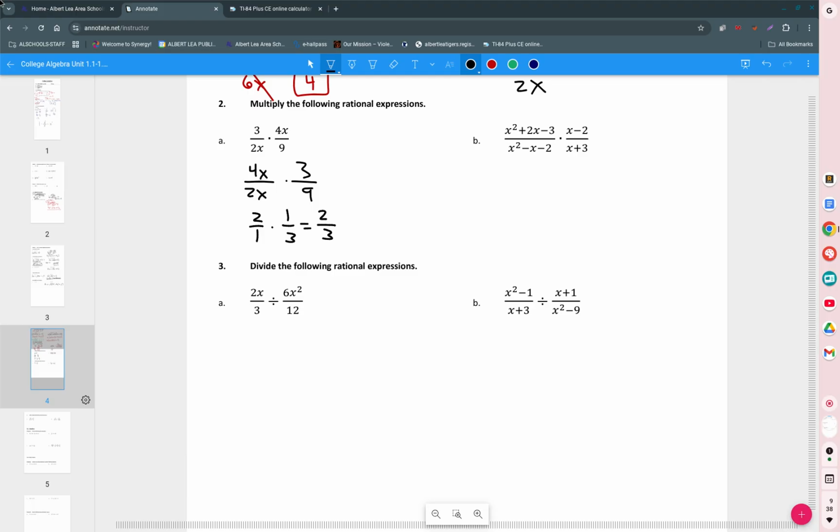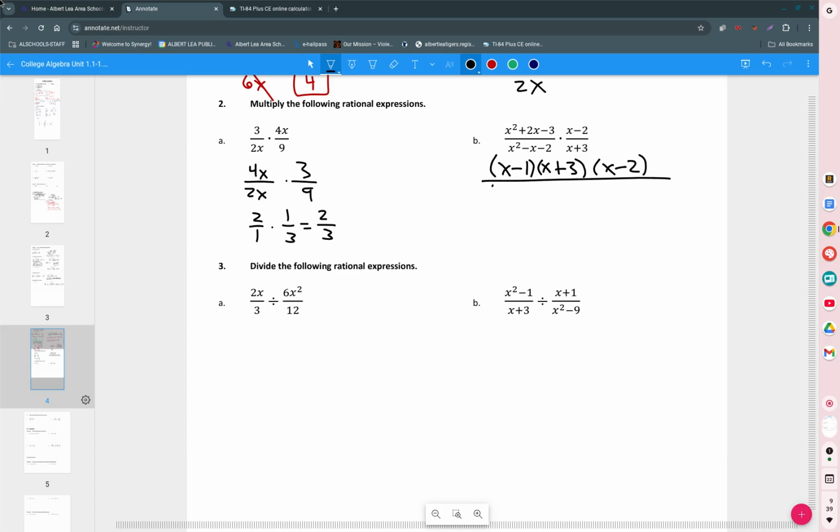The next expression, again, the temptation is to just say, hey, I'm going to get rid of the x squareds and the x's and stuff like that. You're making stuff up. You must first write it in factored form. How does the top trinomial factor? X minus 1, x plus 2. Good. X minus 1, x plus 3. And then we have an x minus 2. I'll just join that together as we multiply.